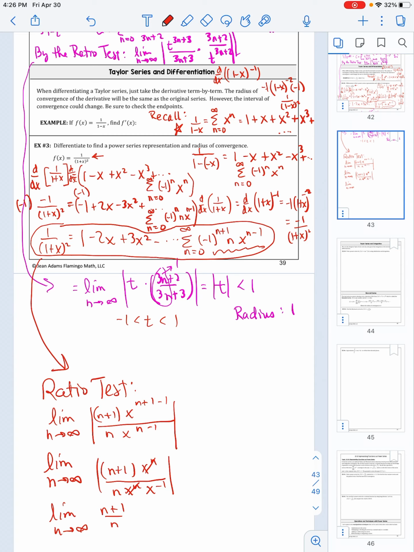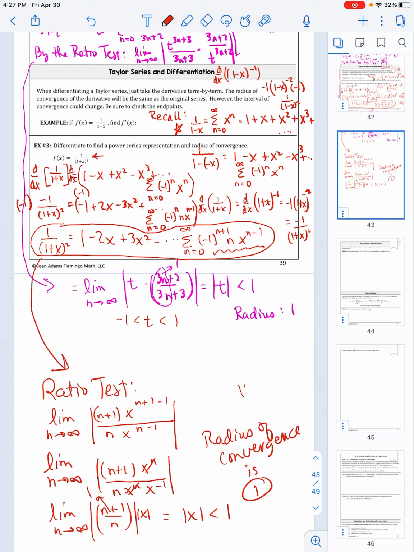My x to the n's are going to cancel. So now I have n plus 1 over n times x. Okay? I can separate these, but this one, as n goes to infinity, this goes to 1. So you're going to be left with this, and we're saying that if this is less than 1, then it converges.